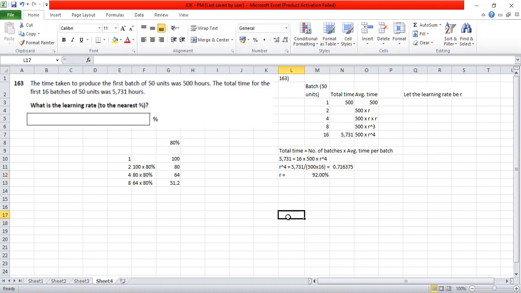So R is equal to 92%. I hope you got the point.